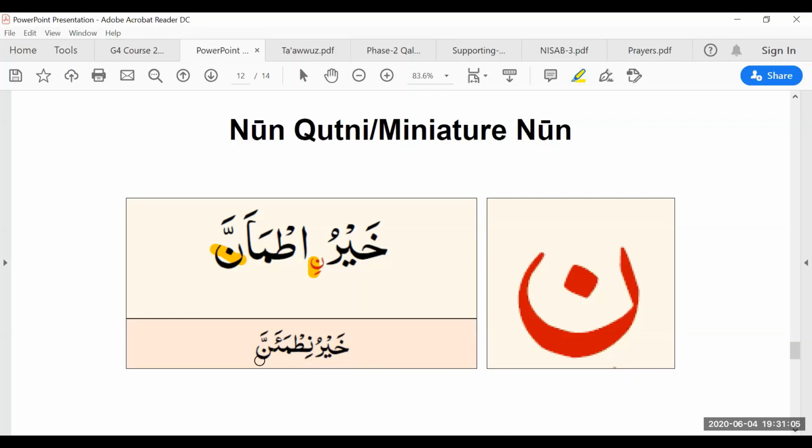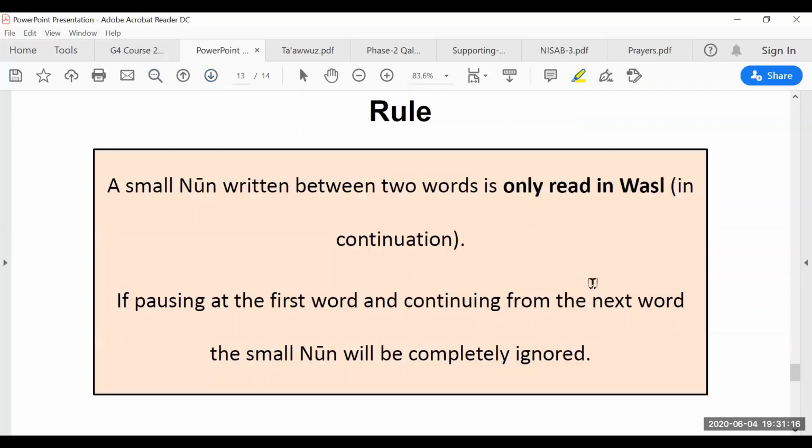Khayrun ma'ana. Okay, because I joined both of the words, I'm going to take this miniature noon into account. So here is the rule. A small noon written between two words is only read in wasl. And we learned that wasl means combining in continuation when we are joining two words.